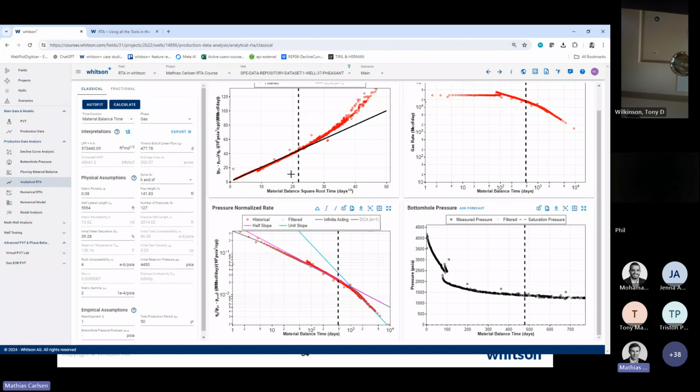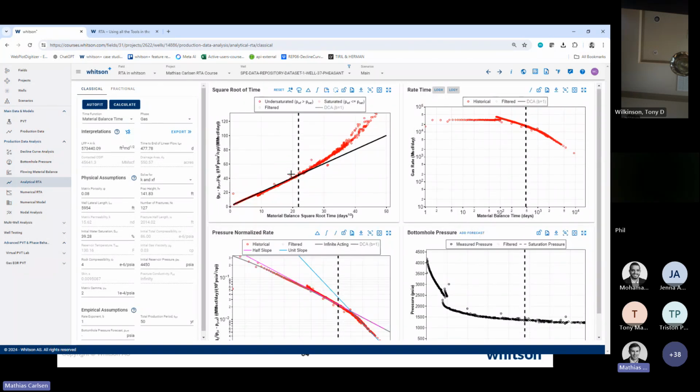You can put them on the same diagnostic plot. There's still value to be derived there. But if you want to rely and trust the interpretation numbers, at least myself, I would always use the numerical RTA results as my gold standard, because there I know at least as few assumptions as possible have been made.